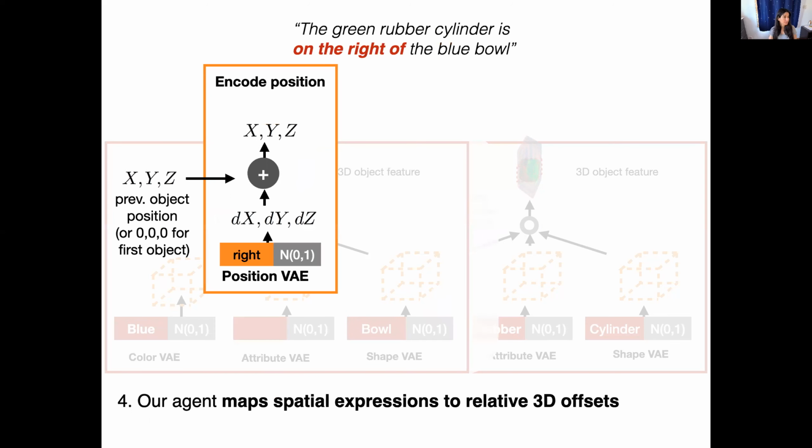And here is the spatial generative network that takes some random vector and a spatial word, like left, behind, in front, and so on, and spits out a relative offset, dx, dy, dz, between the 2 objects that are concerned.